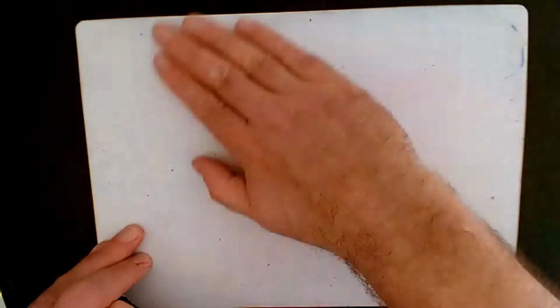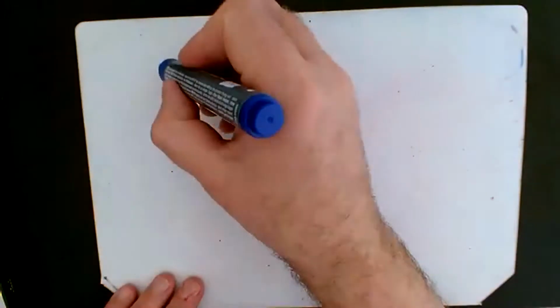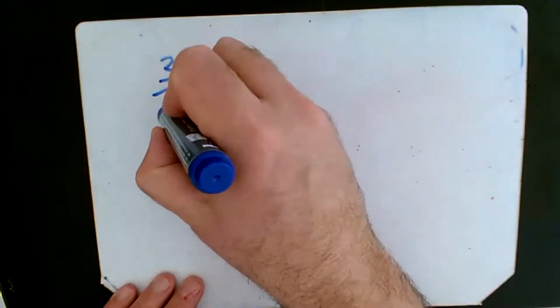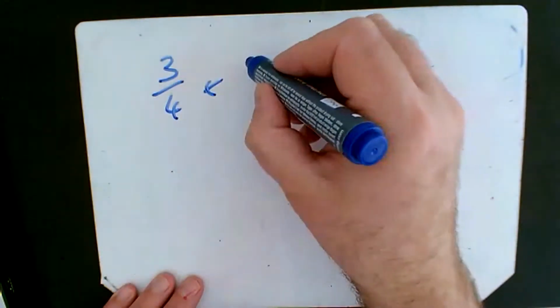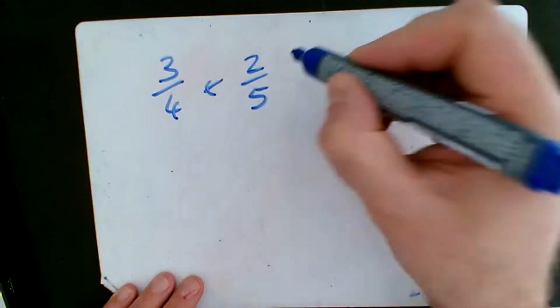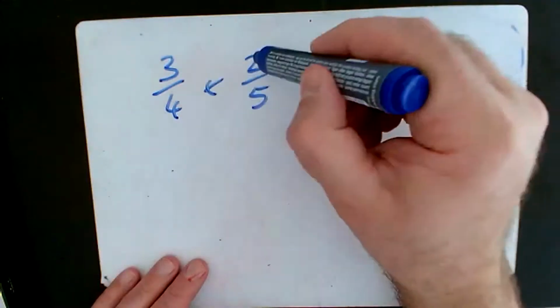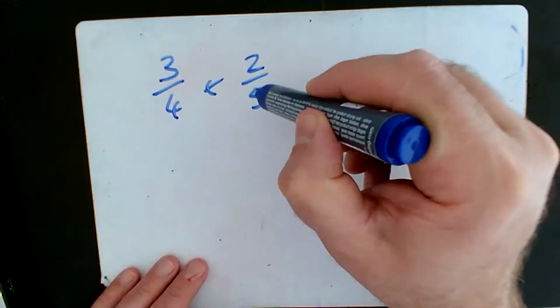Right, so now ignore all that, because now we do multiplying. When we multiply fractions, they're easier. If I've got 3/4 times 2/5, all I have to do is multiply the numerators and multiply the denominators.